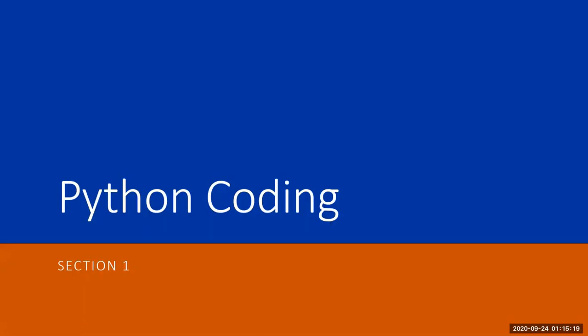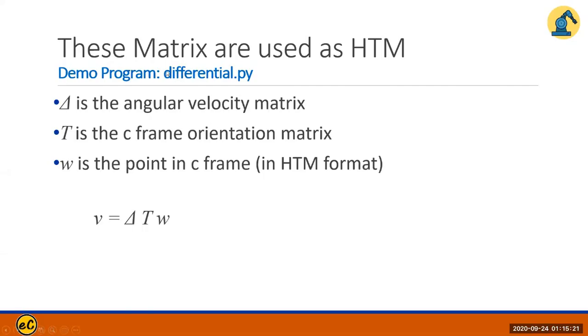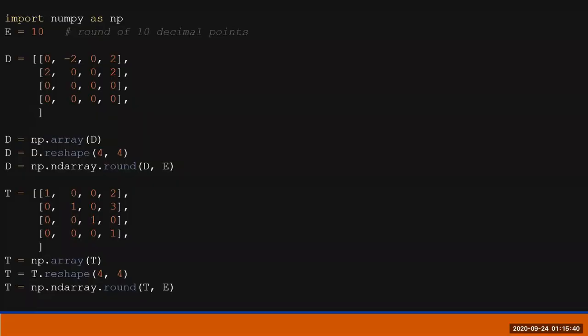In the Python coding, we need to treat the delta matrix, the angular velocity matrix, the orientation matrix, and the point W value, all in HTM, the homogeneous transformation matrix format.